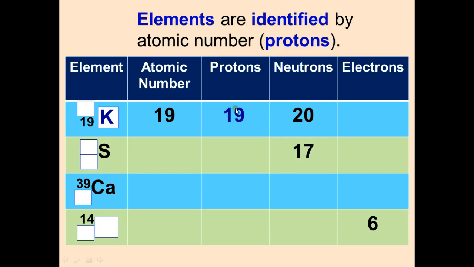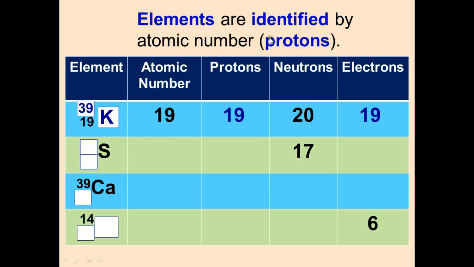From that we can figure out the number of electrons because there's an equal number of protons and electrons, so the charges cancel out. So the atomic number gives you the protons and electrons, so electrons is also 19. Do you remember how to calculate the atomic mass? Well, the atomic mass is the sum of the protons and neutrons. So in this case, it will be 39.